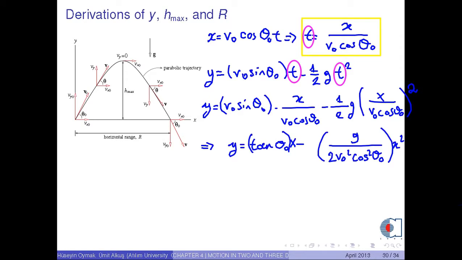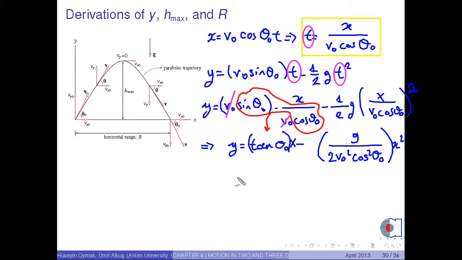Whence y equals tangent theta 0 times x minus g over 2 times V0 square times cosine theta 0 square, and the whole thing is multiplied by x square.